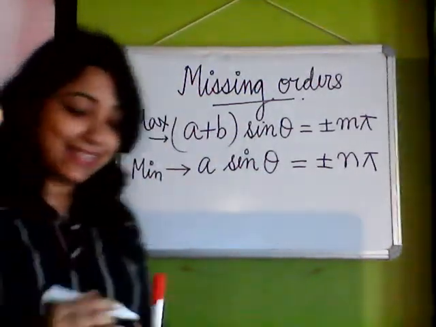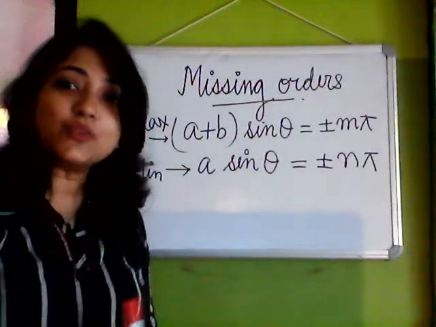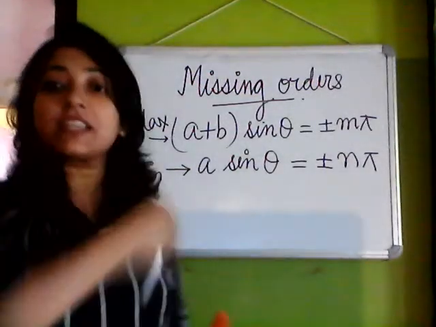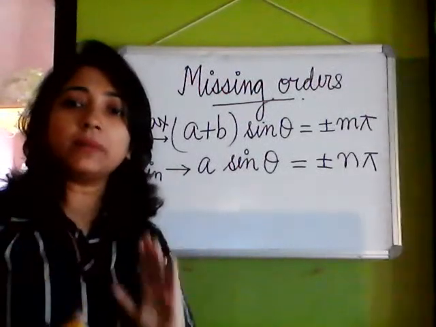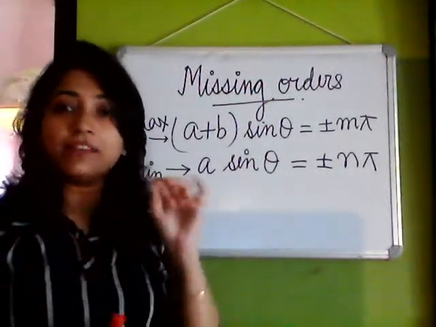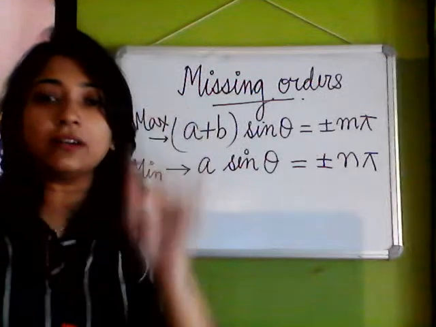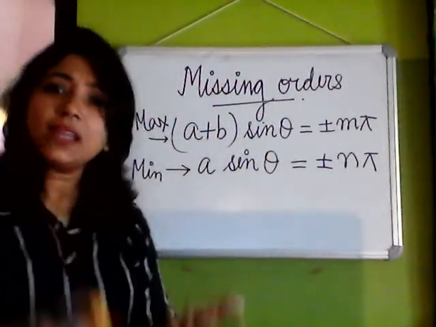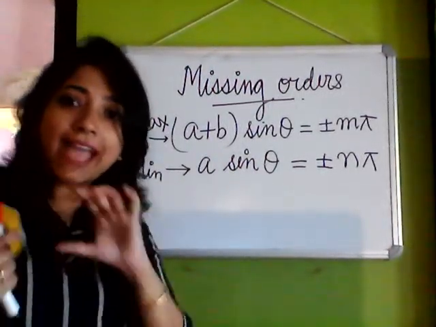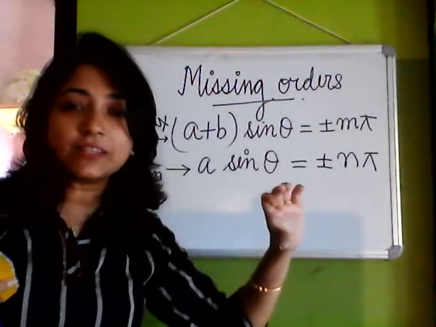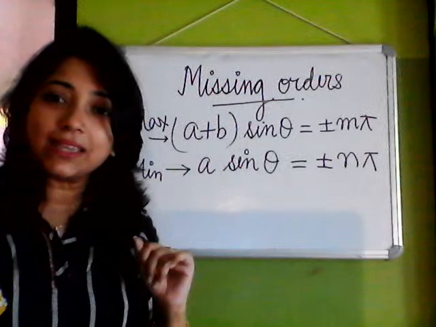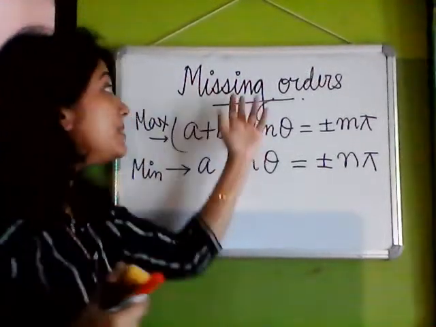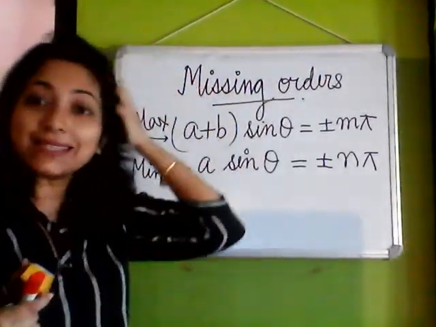Now it is seen that when these two are superposed, what happens? I was expecting that the interference maxima number 3 will be visible for me. I will be seeing a bright line for, say, the third maxima. However, when I actually go and observe the intensity pattern, I see that the number 3 is missing or the number 6 is missing. That is why we call them missing orders. But why is that happening?